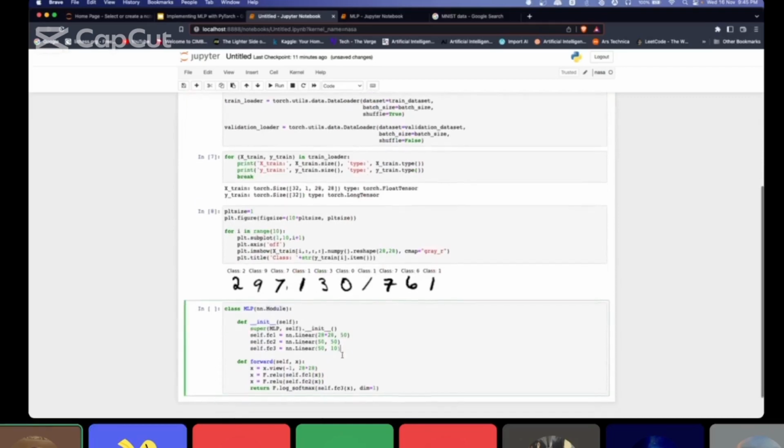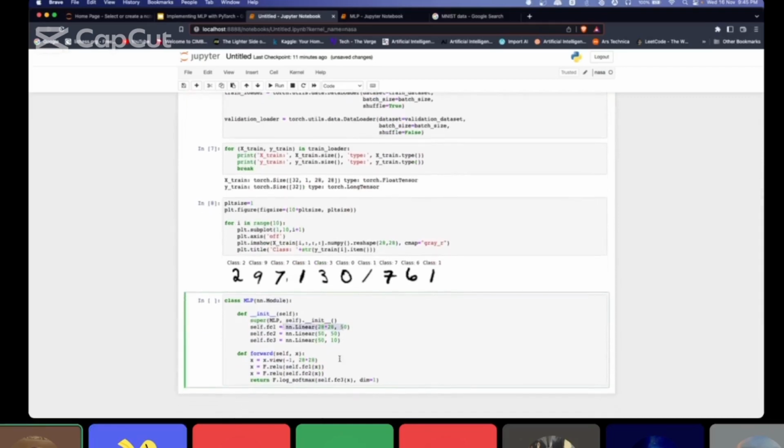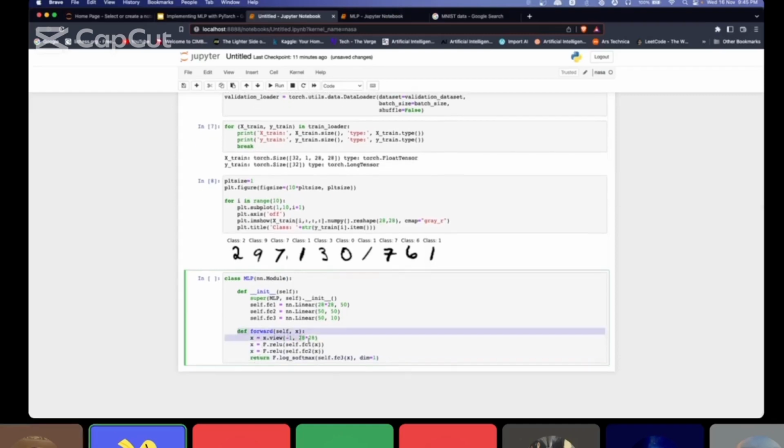The reason is so that you can use the abstract functions over here. You need to implement this forward function and this init. These are more towards the programming part of it, not exactly the neural networks part of it. I'm pretty sure you guys can learn this by yourselves very fast.